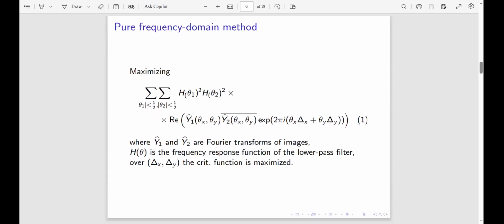First, let's say we have two images, y first and y second, and we perform a two-dimensional Fourier transform of these images.